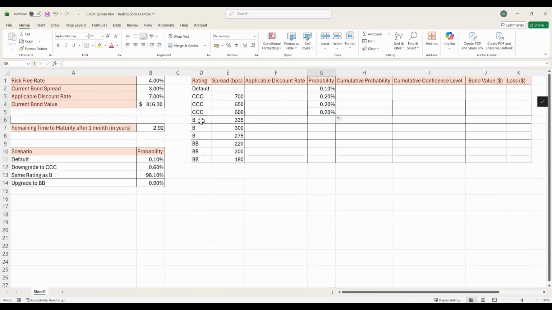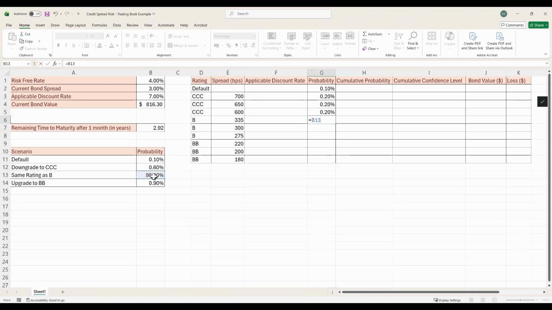Now, as far as no rating migration is concerned, basically same rating as B, the probability for that event is 98.1%. So obviously under this scenario, the probability of these three sub scenarios with varying levels of spreads will be equal to this 98.1%.